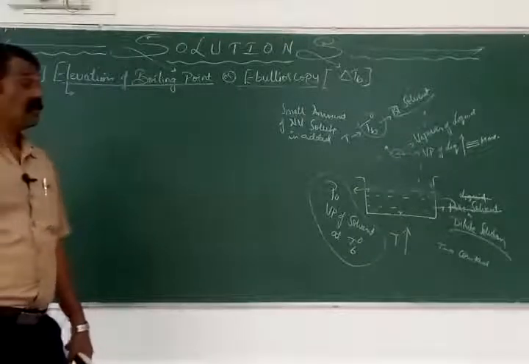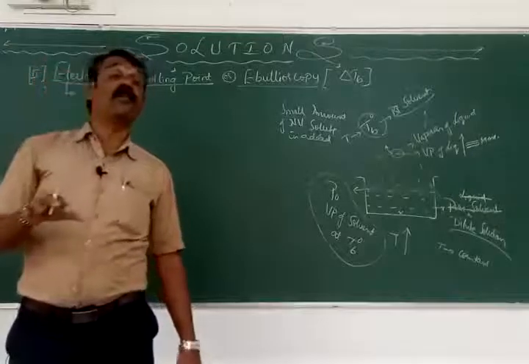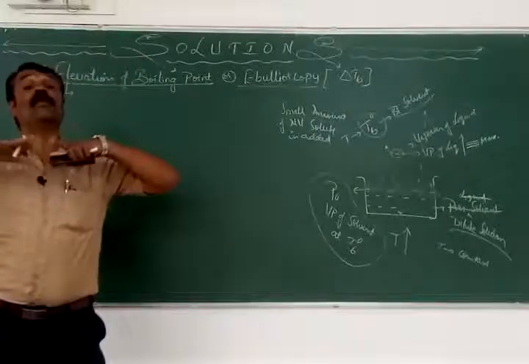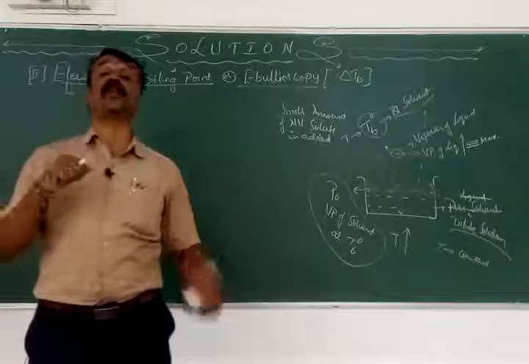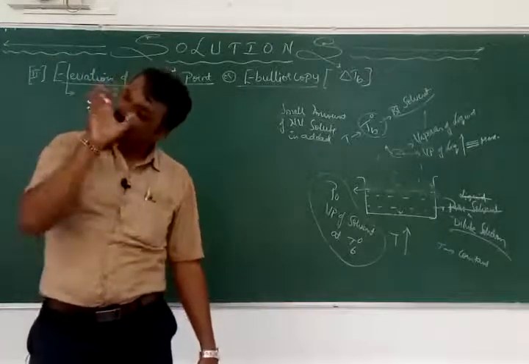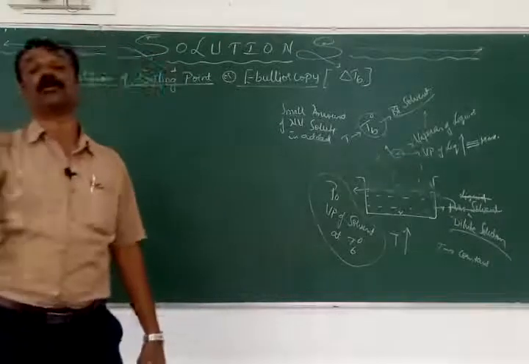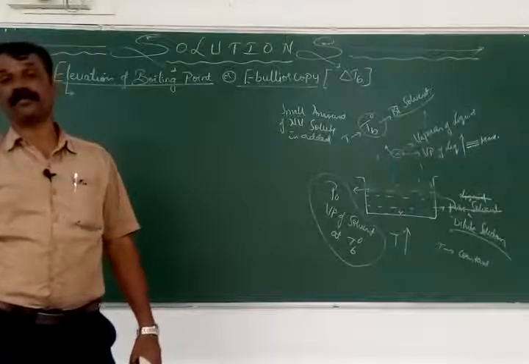Why? Because some of the solute particles that we have added block the movement of the vaporized solvent present at the surface, such that the vapor pressure of the solvent goes on decreasing.